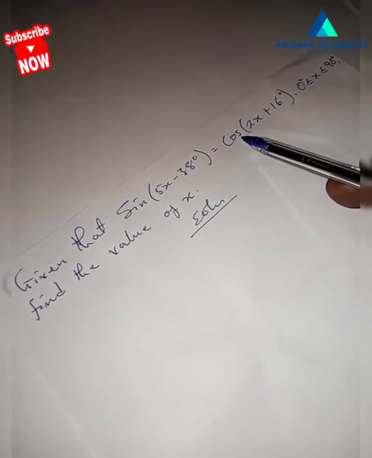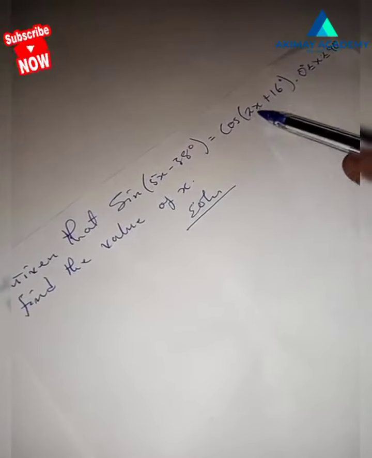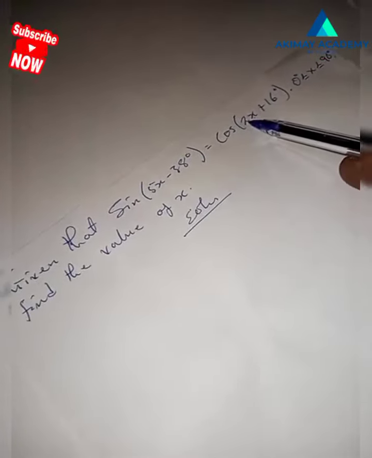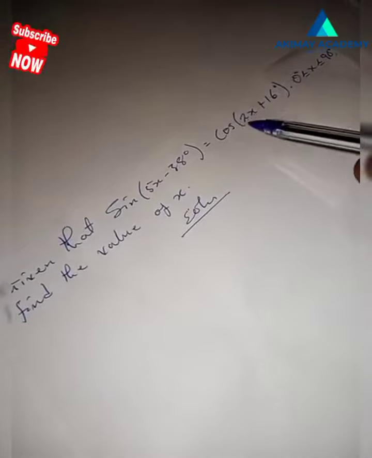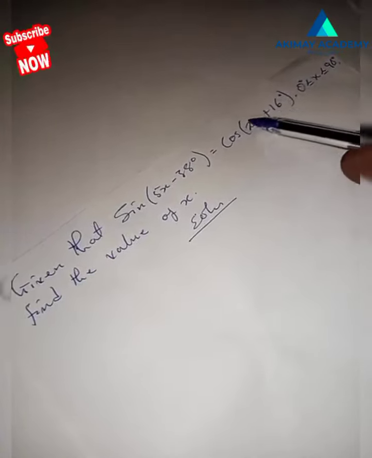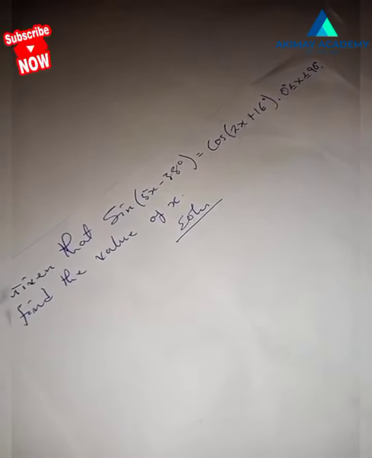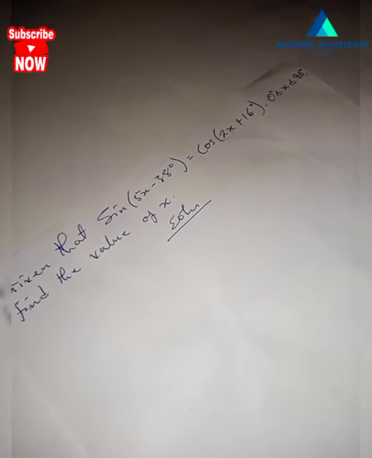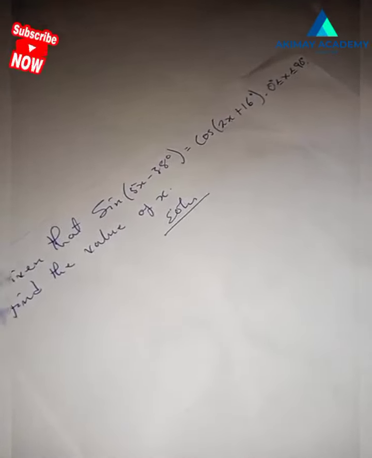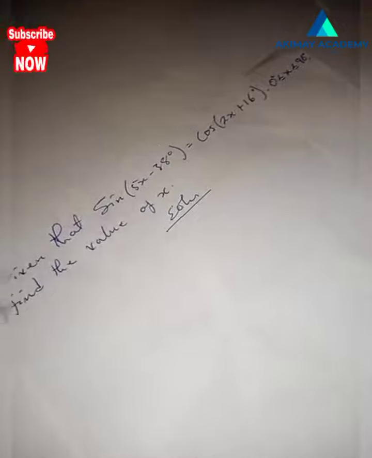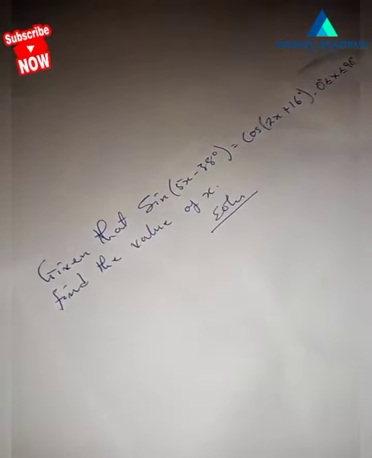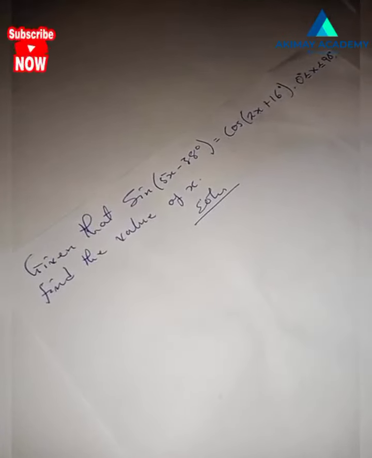When we subtract this angle from 90 degrees, the remaining angle should be the sine of that angle.